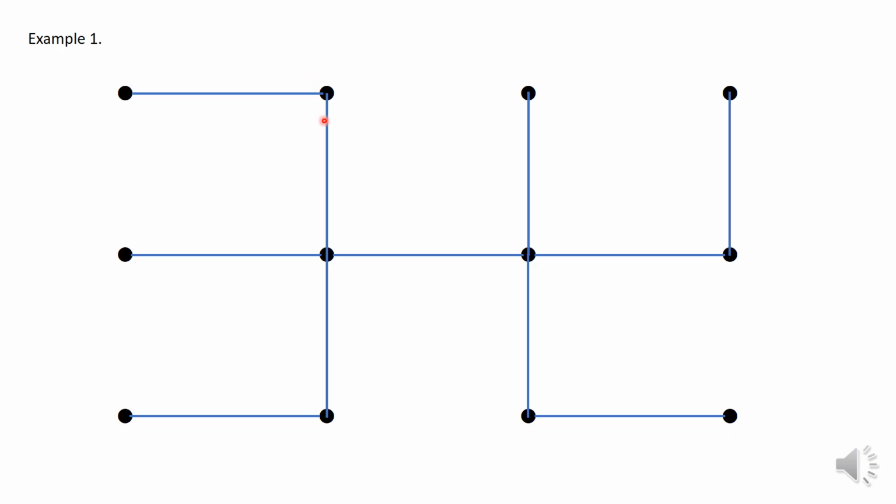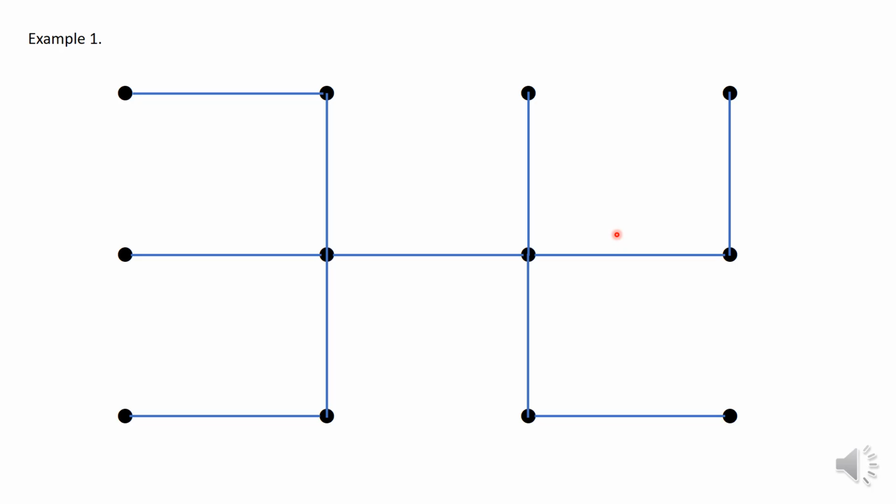You can think of this network as a network of pipelines, for example, carrying some fluid like water, oil, natural gas. Or you can also think of it as an electrical network where the branches are conductors, for example, wires or electrical cables, things of that kind.